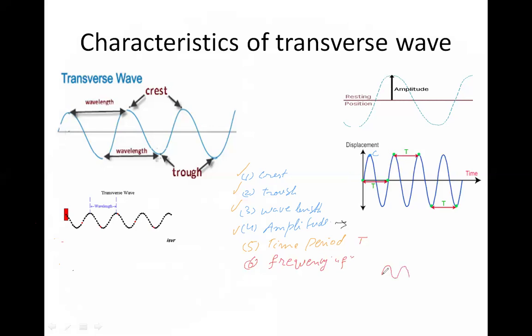At this one, how many cycles? Look, 1, 2, and 3. It means the frequency is 3 waves per second, or you may say hertz. Hertz is the unit of frequency, H-E-R-T-Z. 3 hertz means it completes 3 cycles in 1 second.